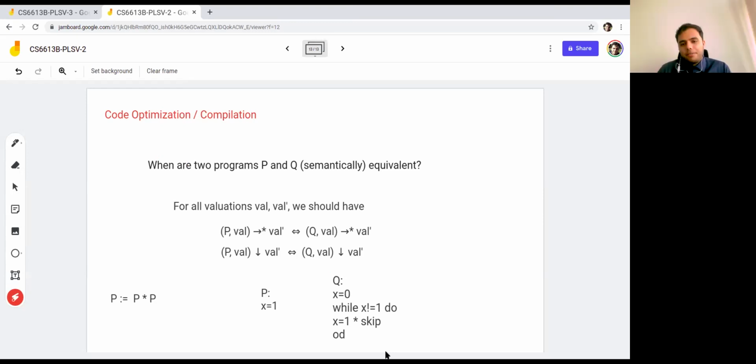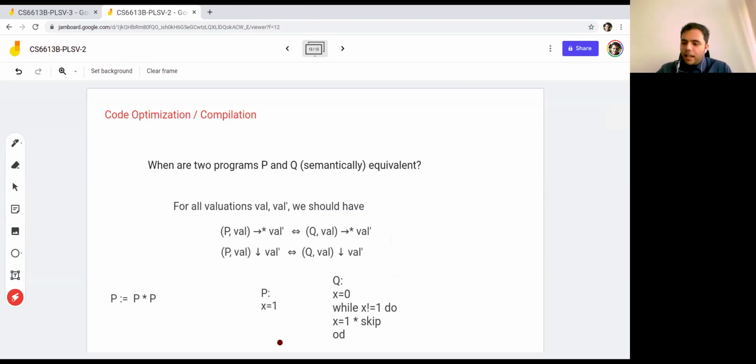And actually, you can have also finer definitions of what it means for two programs to be equivalent. We are talking about code optimization here, but in some instances, for example, in security, you want to make sure that the runtime of the two codes are also the same, because you might have an attacker that is monitoring the runtime and based on that can deduce something about the code. So you can define it any way you want. All I was saying here is that this kind of definition works really perfectly for deterministic programs, but then it runs into some errors with non-deterministic ones.